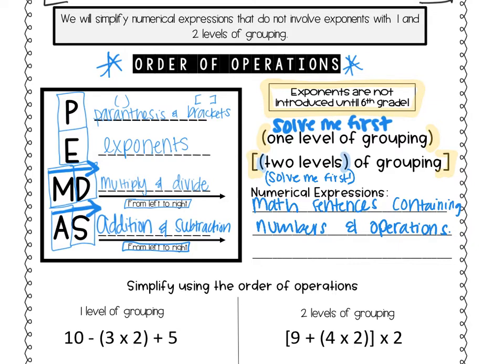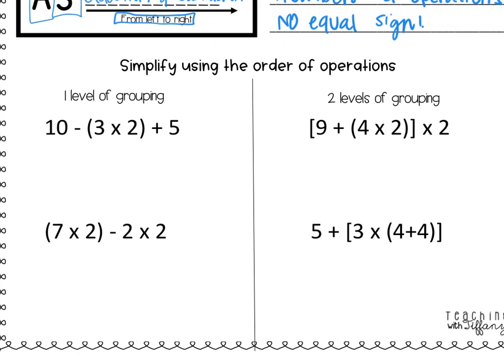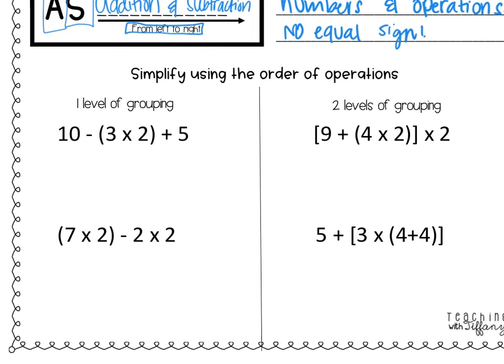They have no equal signs, because we are trying to figure out what our numerical expression is. And so now, boys and girls, we are going to solve using order of operations. We are going to simplify these equations using order of operations.